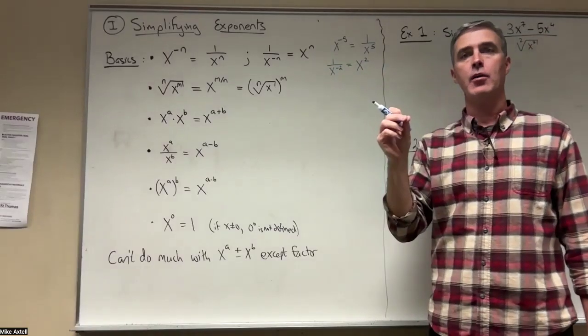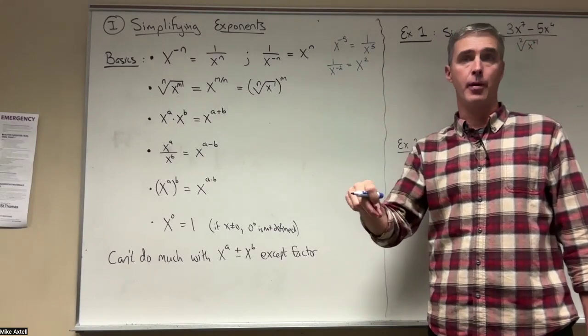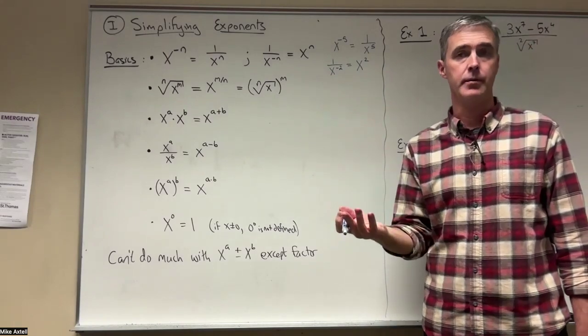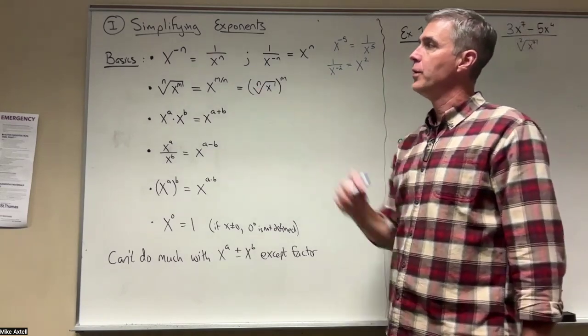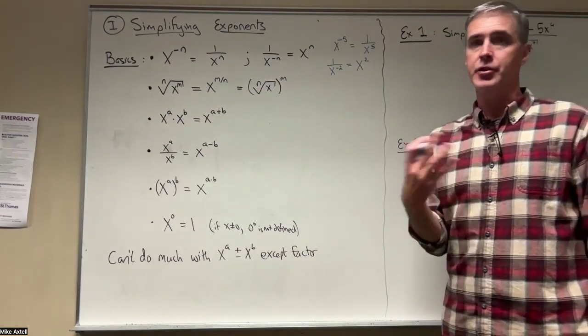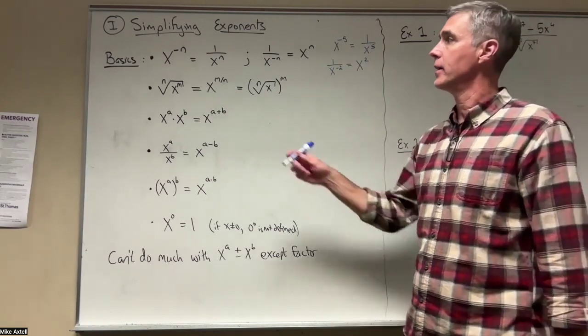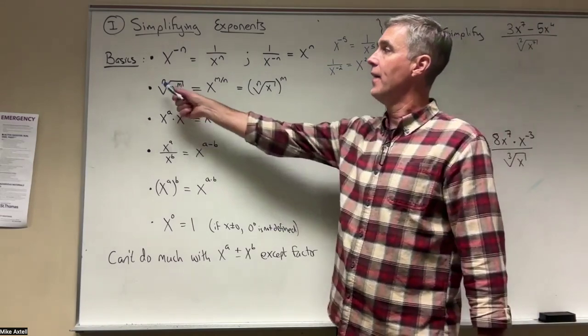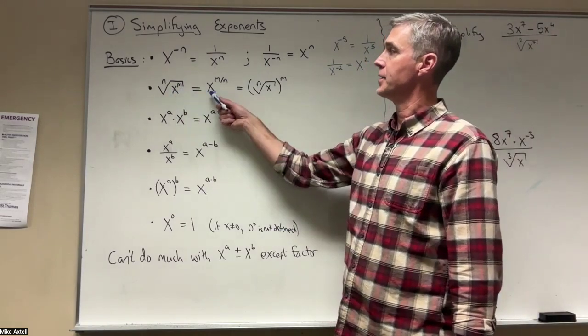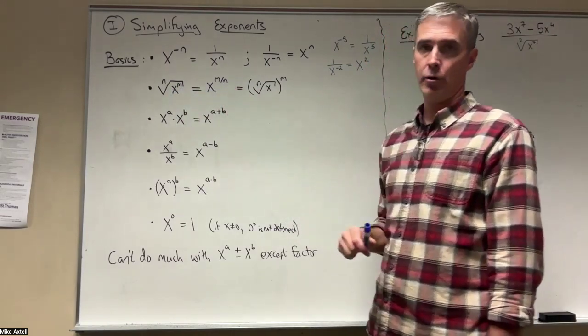So if there's a negative power, it basically means it's got to go into the other part of the fraction than where it currently is. And then the power becomes positive. Right? If we've got radicals, square roots, cube roots, what have you, there's a way of writing them as a power, which will be really useful when we take derivatives. So the nth root of x to the m is the same as x to the m over n power. All right.